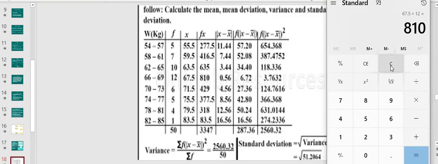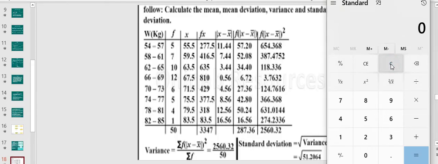Similarly, we'll multiply 71.5 into 6, which is 429. Then 75.5 will be multiplied by 5, and this will be equal to 377.5.